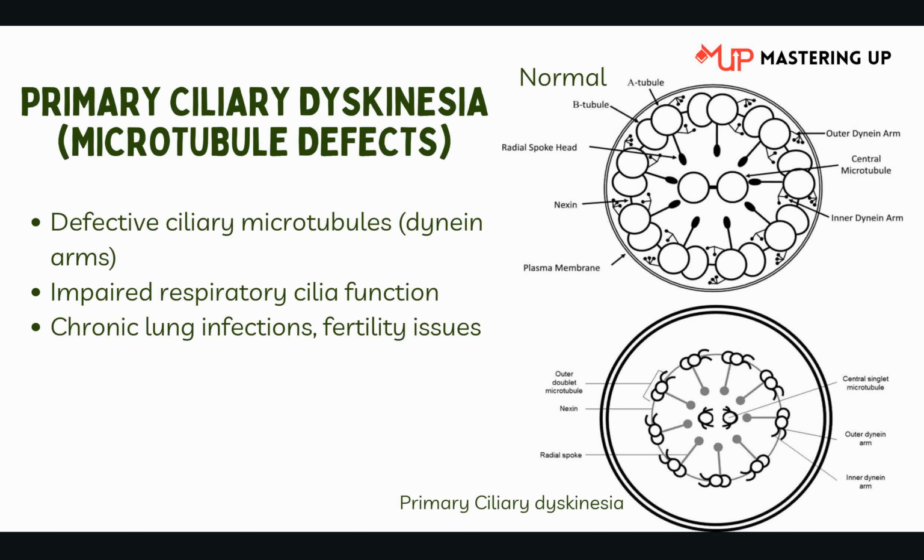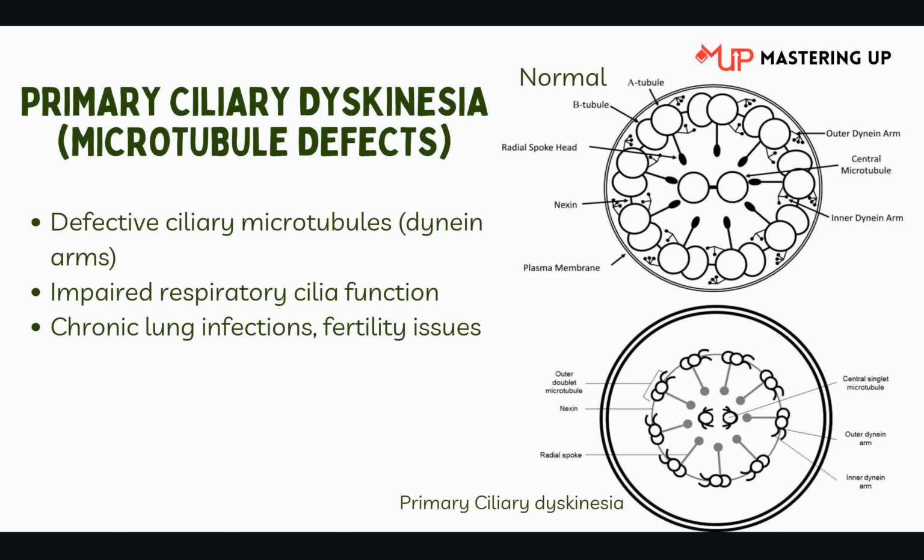Another critical cytoskeletal disease is primary ciliary dyskinesia, or PCD. This condition stems from defects in the microtubule-based structure of motile cilia, especially the dynein arms that power ciliary movement. Cilia play a crucial role in clearing mucus from the respiratory tract and in reproductive processes like moving the egg through the fallopian tube.